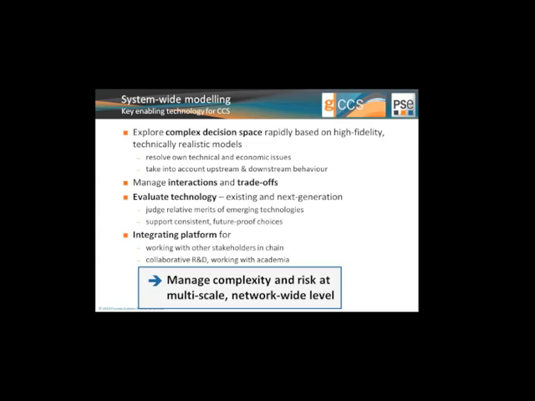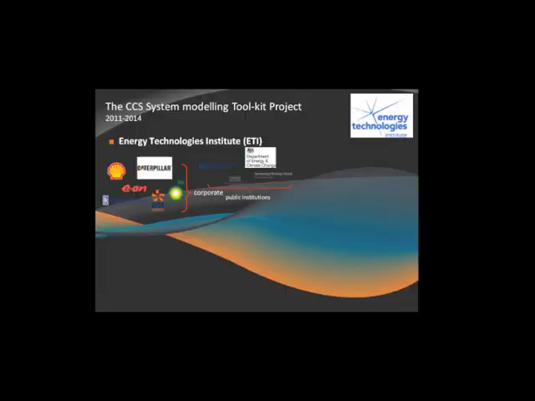In fact, a survey carried out by the Energy Technologies Institute among its members for requirements for accelerating CCS technology development identified system modeling as a key enabling technology for the commercialization of CCS.